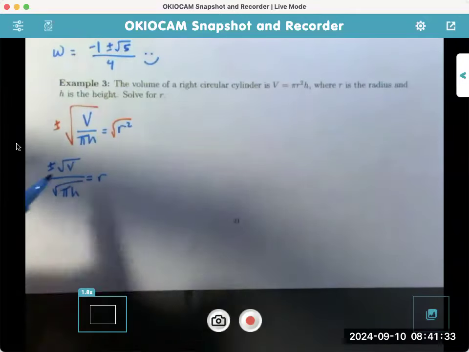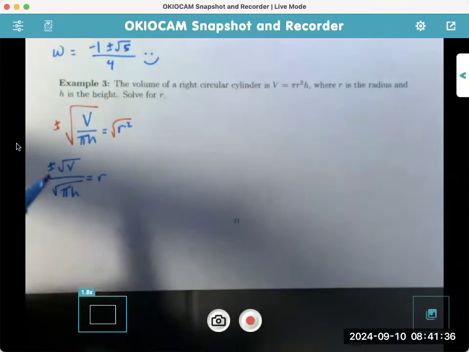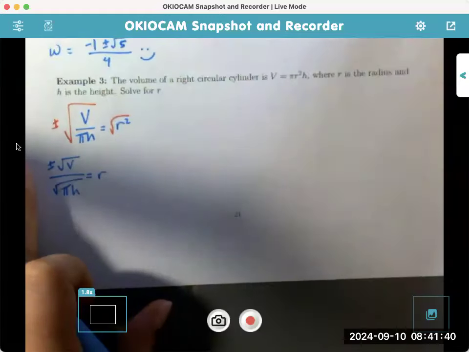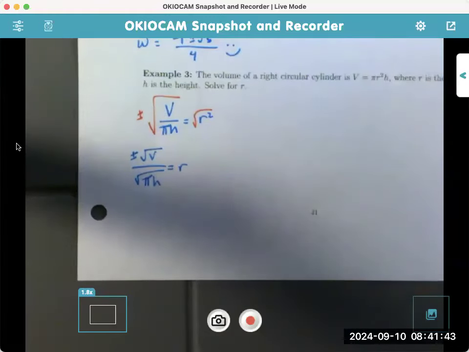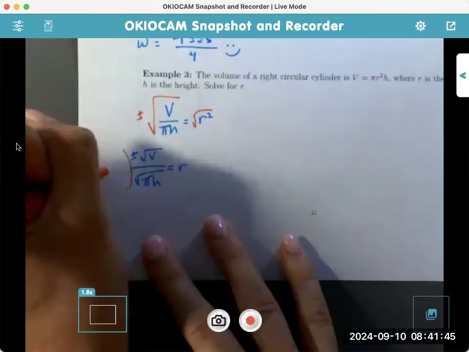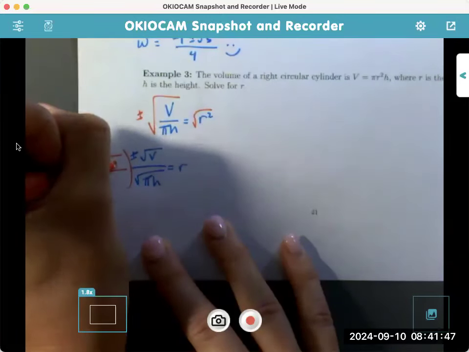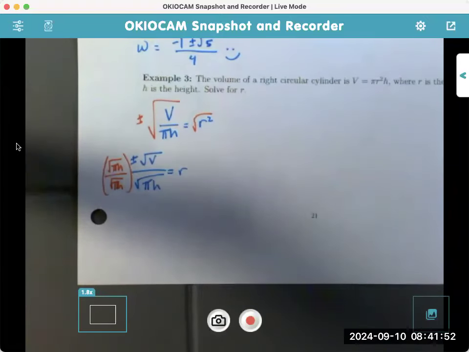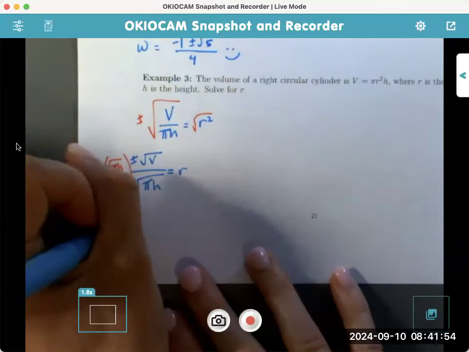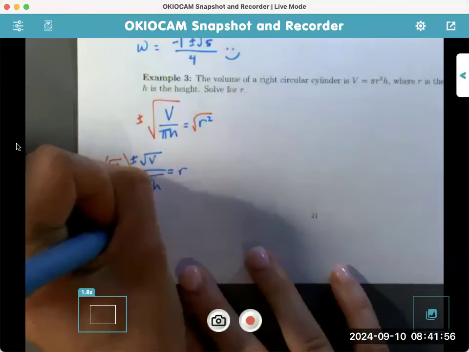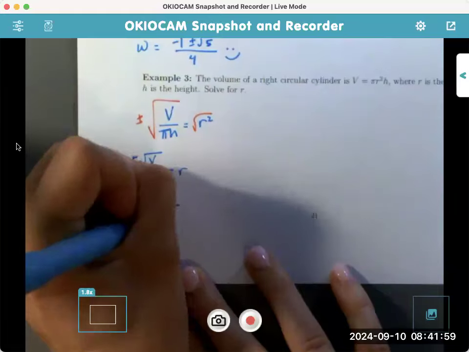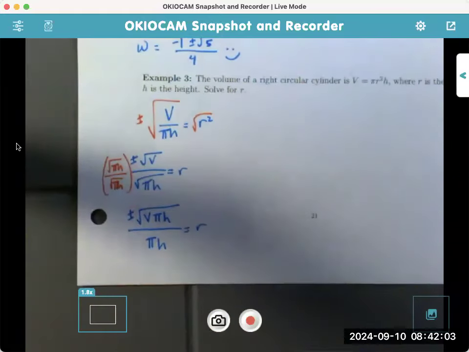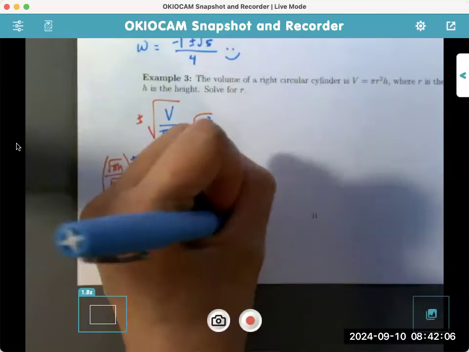Remember, I split this up because we don't like roots in the denominator, so we're going to rationalize. So I'm going to multiply by the denominator, root pi h over root pi h, so that I have plus or minus the square root of v pi h over pi h is equal to r. Perfect. Woo!